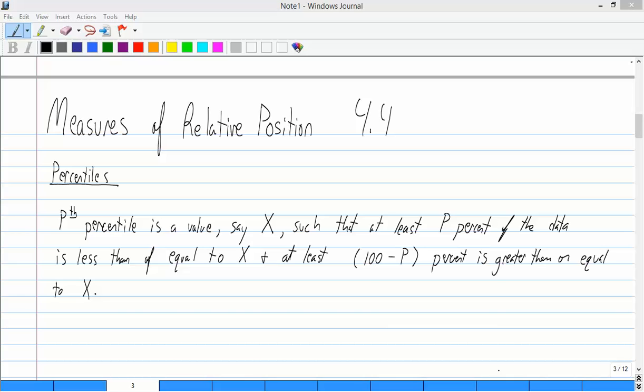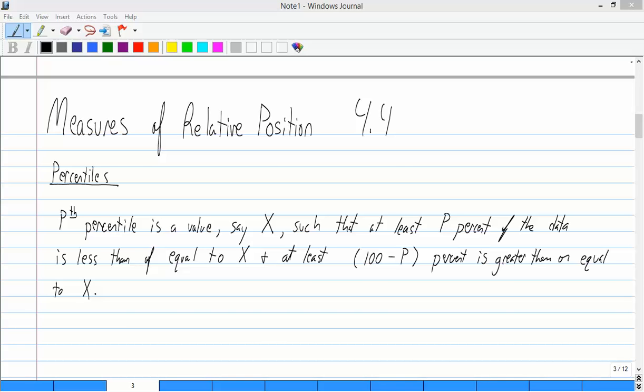Alright, so for example, say you wanted to find the 70th percentile. That means that whenever you find that number, at least 70% of the data items will be less than or equal to whatever data item you find.